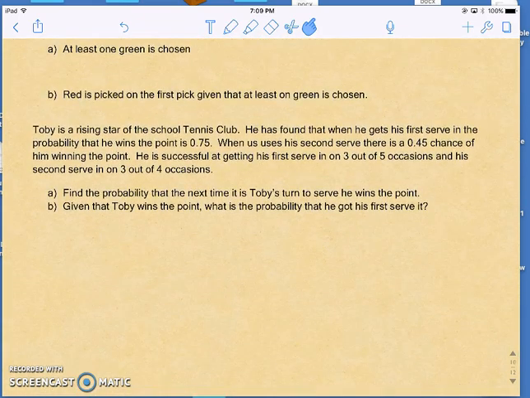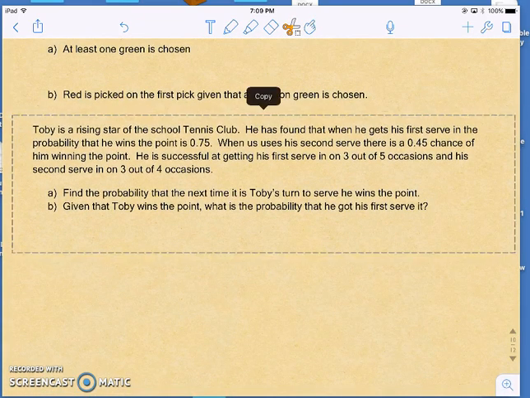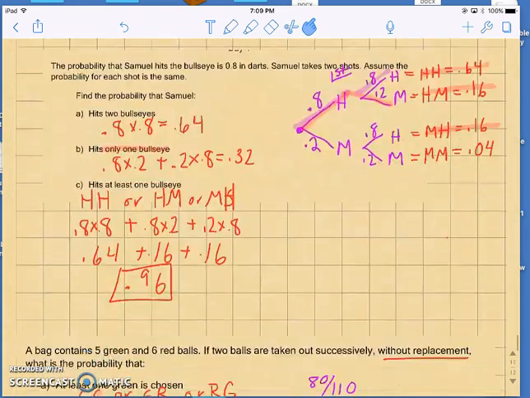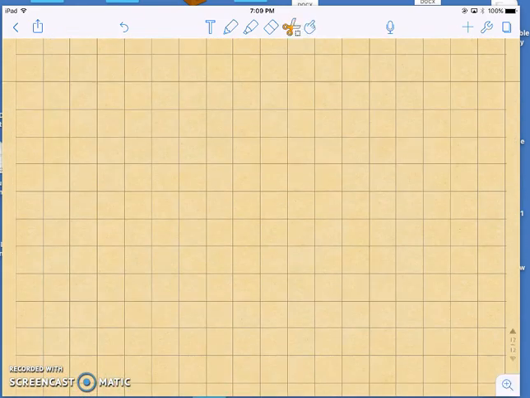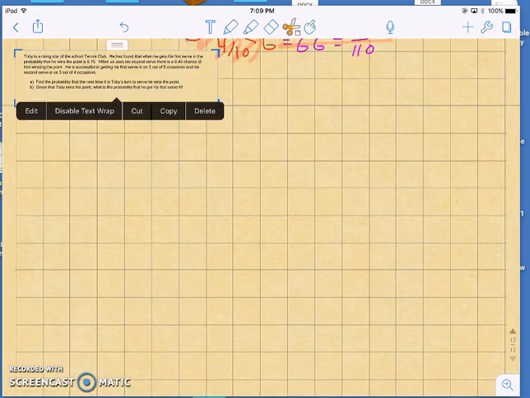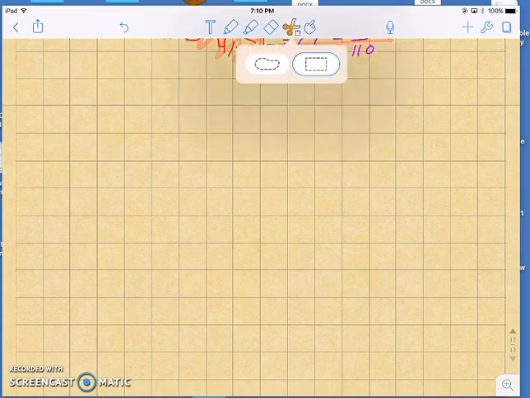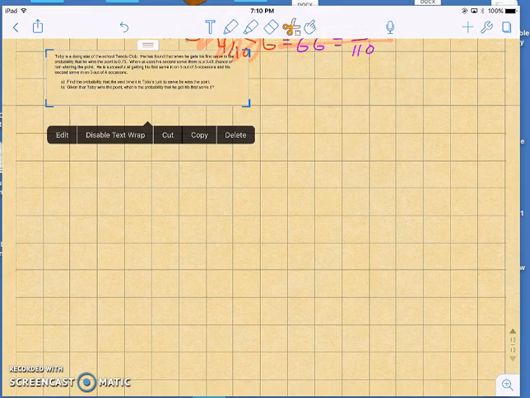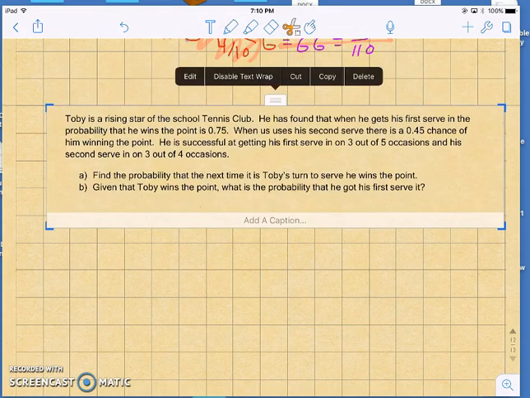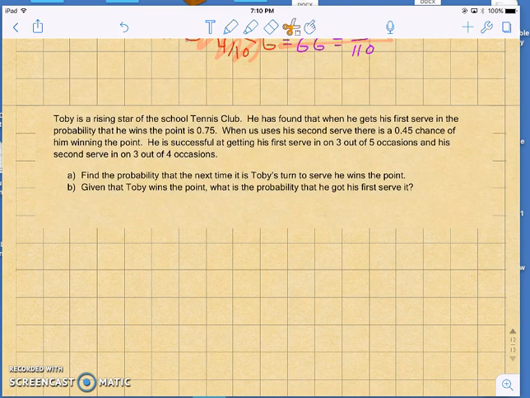Okay, and the very last one that we're going to take a look at. See if we can make this bigger here. Okay, there we go.